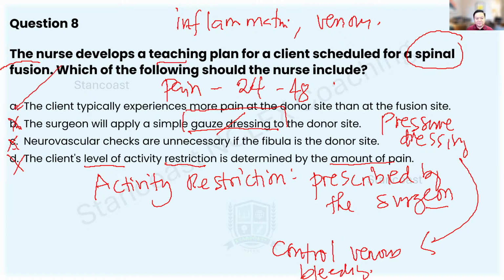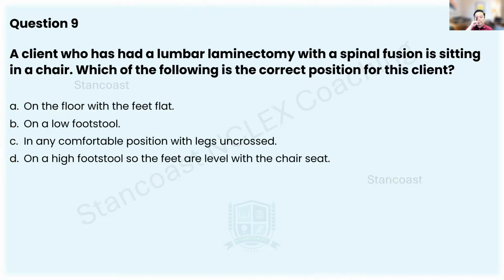Let's have number 9. A client who has had a lumbar laminectomy with a spinal fusion is sitting in a chair. Which of the following is the correct position for the client? Lumbar laminectomy. Okay, I want you to pay attention here. Patient is post-lumbar laminectomy with spinal fusion, sitting on a chair. What would be the correct position for this client?